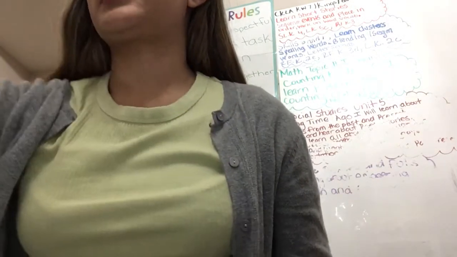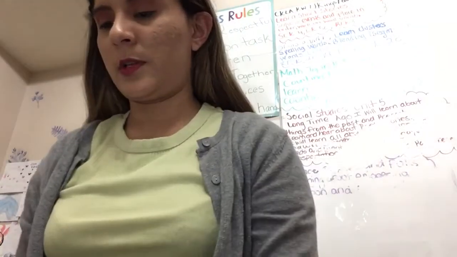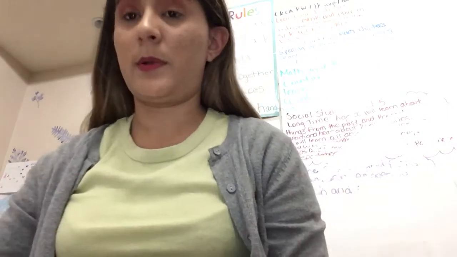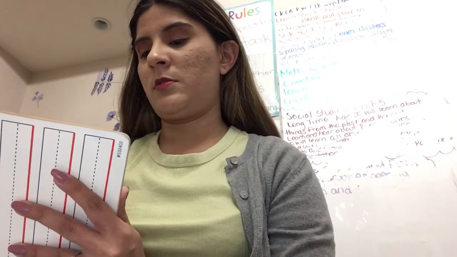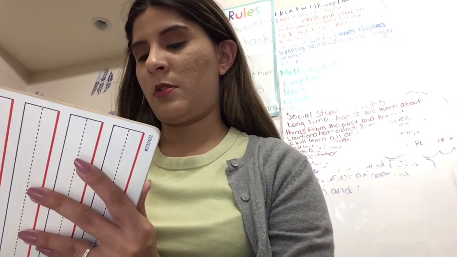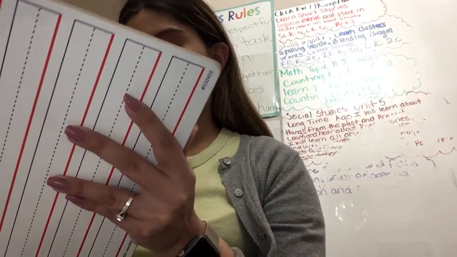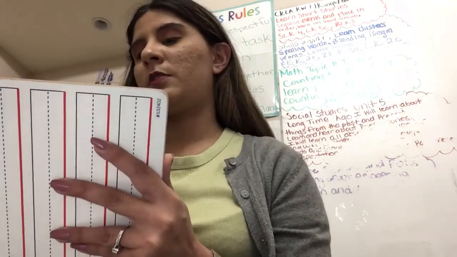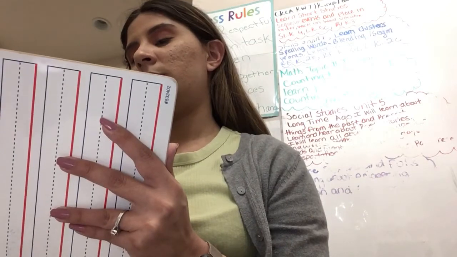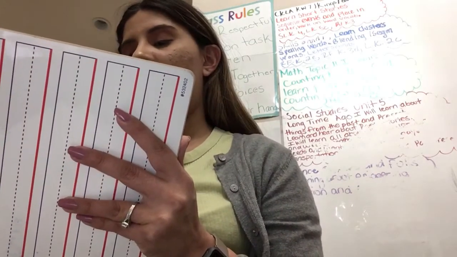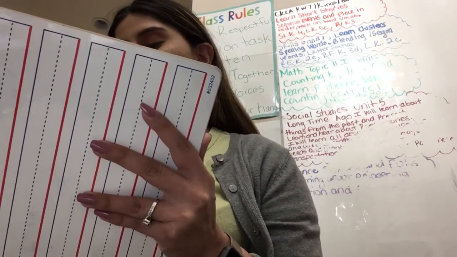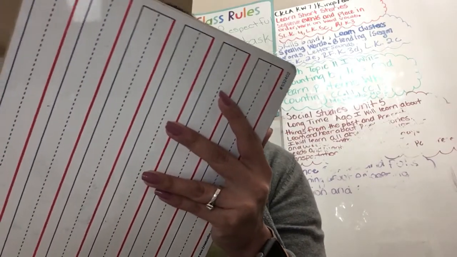So let's practice counting by tens on my little whiteboard over here. I already showed these to the boys and girls, but you can practice at home too. We always start by 10, 20, 30, 40, 50, and I'm going to go over here, 60, 70, 80, 90, and 100.